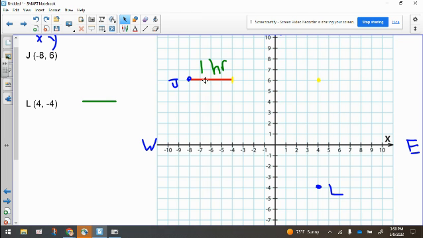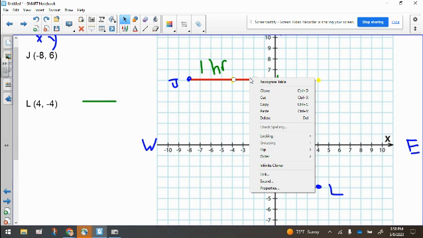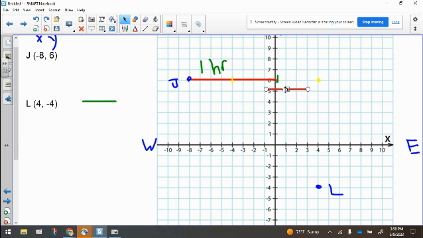If we clone this, this would be another hour, so now we're up to 2 hours. Let's put a little mark. Then I'll clone this line, which is 4 units long. Now we're up to 3 hours, and we've reached the spot that we were looking at. So a total of 3 hours.